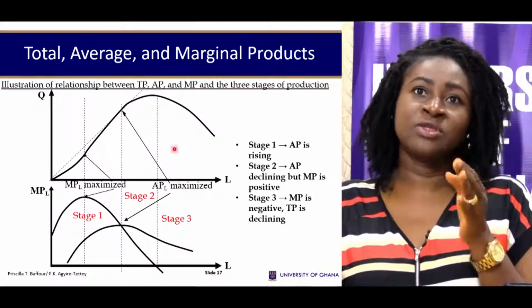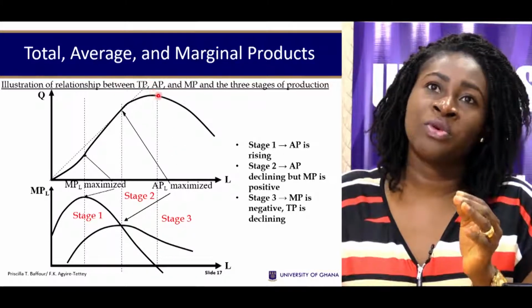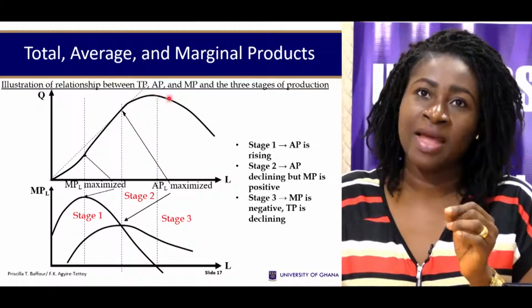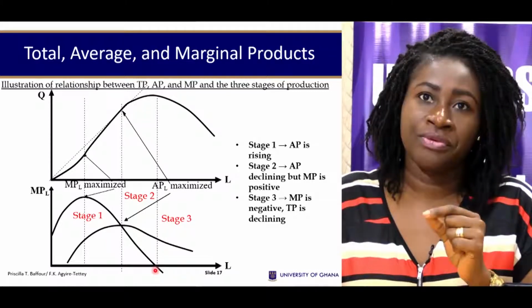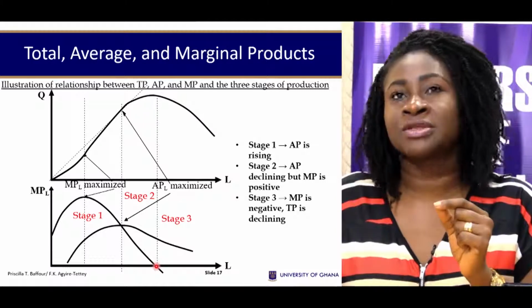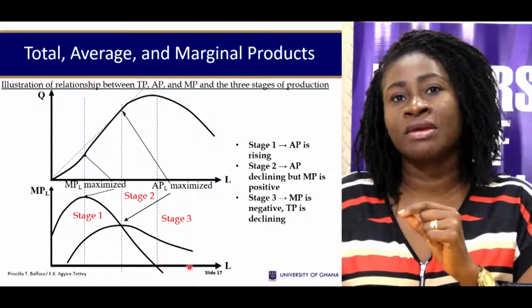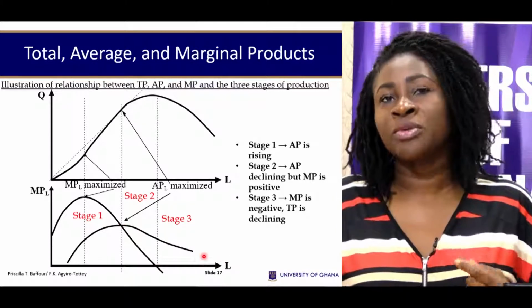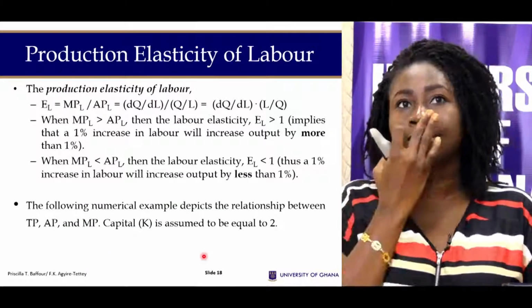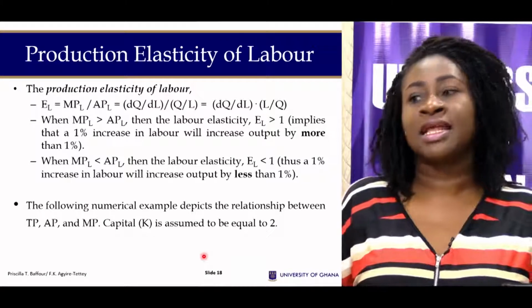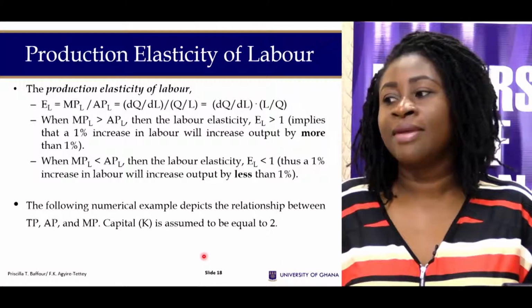The third stage is when the total product has reached its maximum and marginal product is at zero, right? It means that marginal product will extend to negative if we increase production, and total product will be declining as well, right?